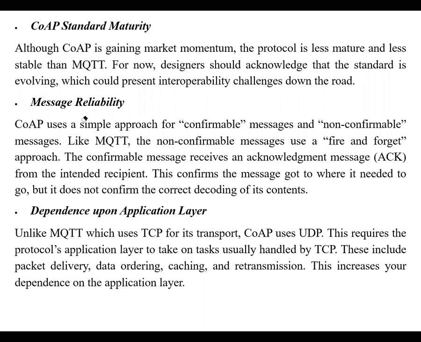COAP using UDP cannot do those tasks, so the application will do the tasks that TCP is doing. In the absence of TCP, UDP depends on the application layer for security tasks.